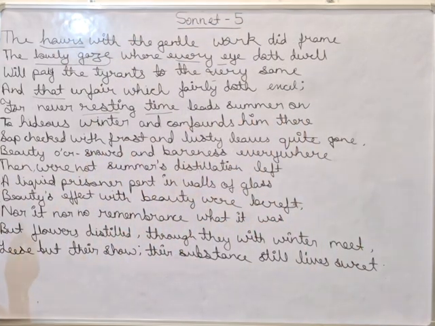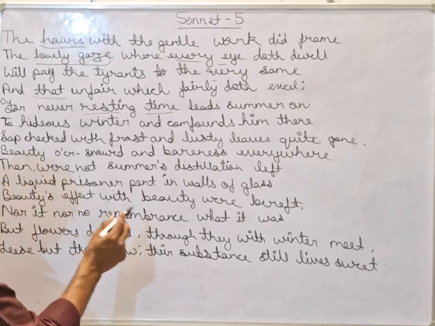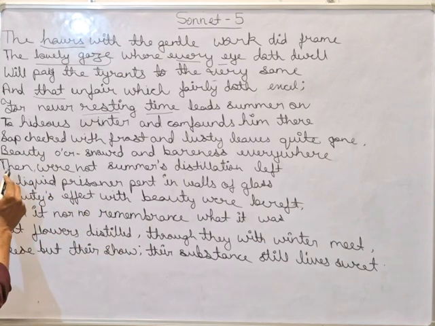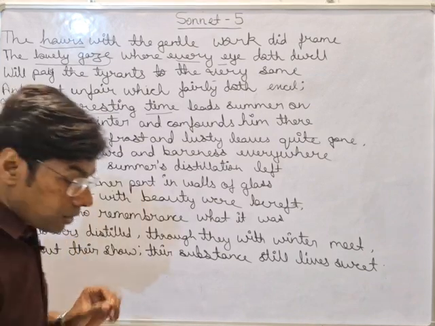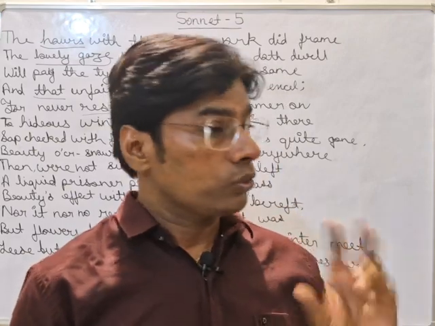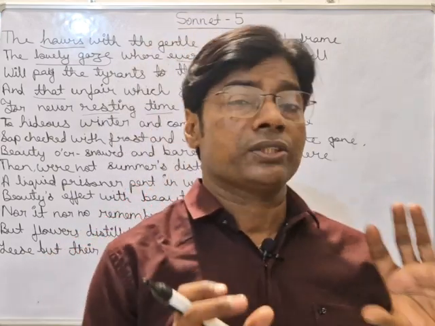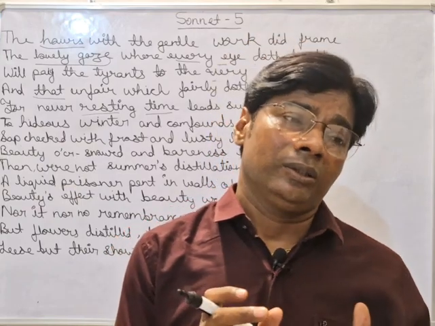So now let's look at the third, meaning last, quatrain of this poem. So see, the first two stanzas, or the second stanza, are very much pessimistic, you can say. Why?